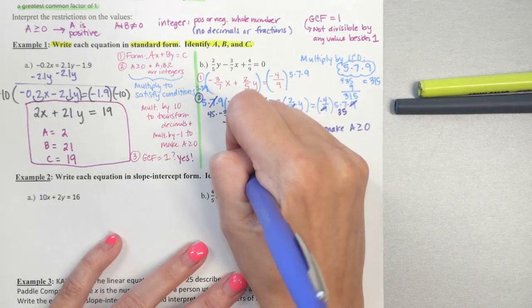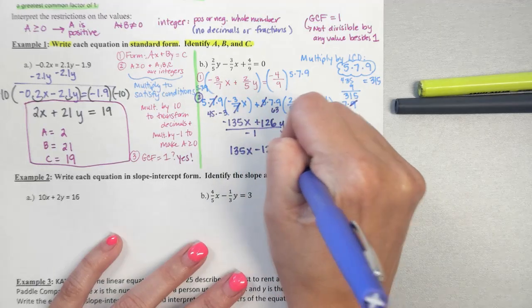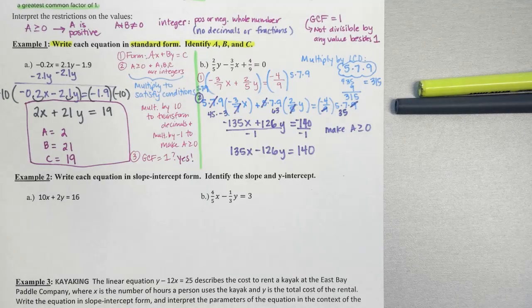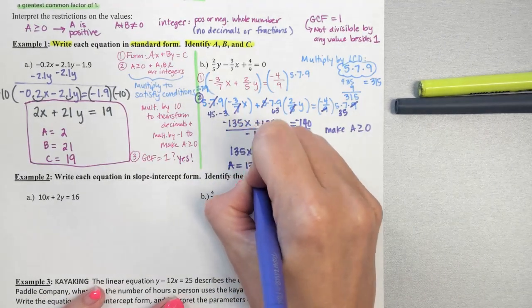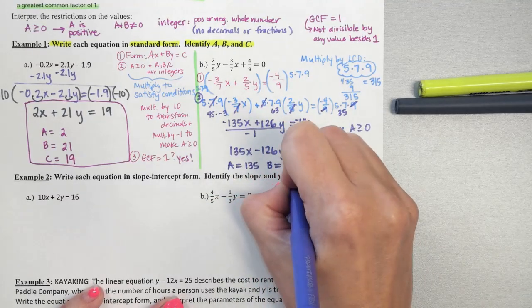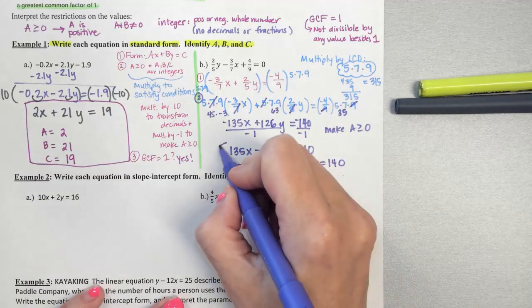We get 135x minus 126y equals positive 140. Okay, and then your A value is going to be 135, your B value negative 126, your C value 140.